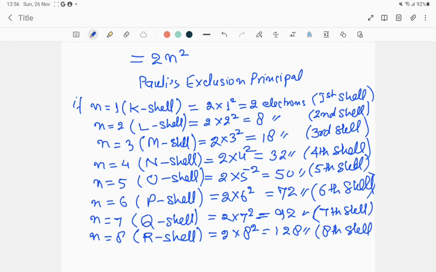For example, if n is equal to 4, the N shell can accommodate the maximum number of 32 electrons, or it can accommodate fewer than 32 electrons but cannot accommodate more than 32 electrons.